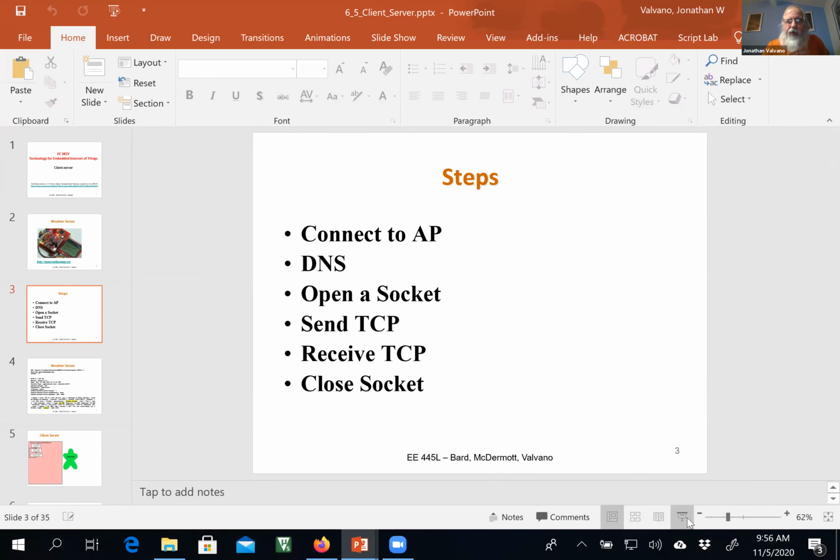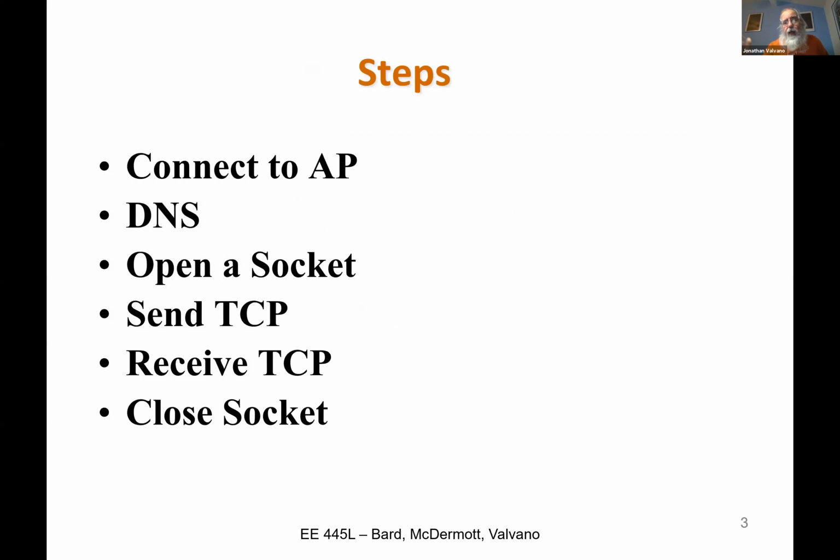However you do lab 3, these are the basic steps of doing TCP/IP. You're going to have to connect to the internet somehow. It could be Wi-Fi, it could be Ethernet. Well, we'll see. It could be Thread, although I don't anticipate you using Thread. Somehow you have to get the IP address.